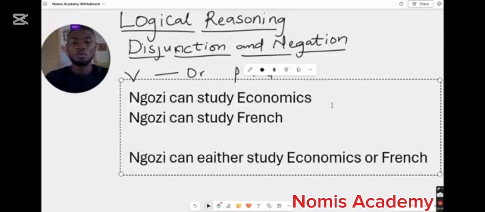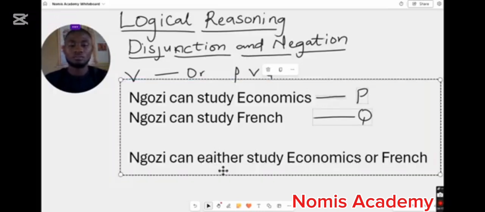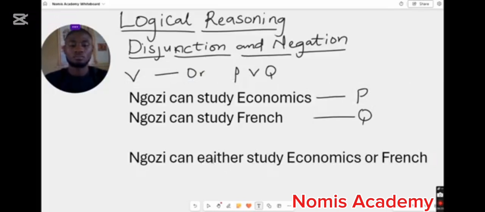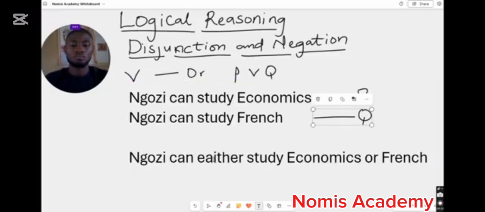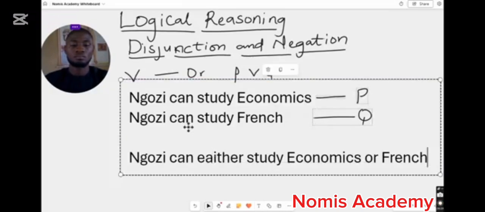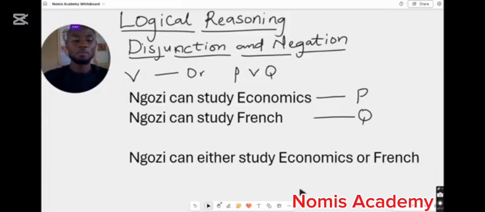Let's take the first statement as statement P and the second statement as statement Q. When these two statements are connected together with disjunction, that we know as or, it becomes: Ngozi can either study economics or French.